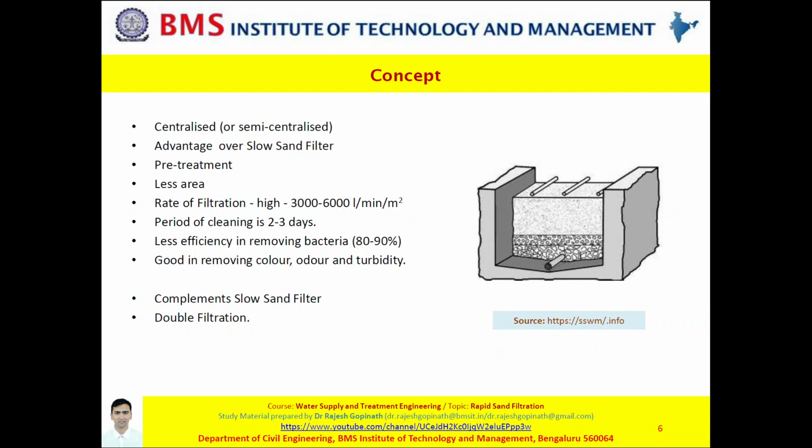Now, rapid sand filters, unlike slow sand filters, are more competitive in removing color, odor, turbidity. However, rapid sand filters are not that great at removing bacteria. If you recollect, slow sand filters could remove 98 to 99% of bacteria, while rapid sand filters remove only about 80 to 90%.